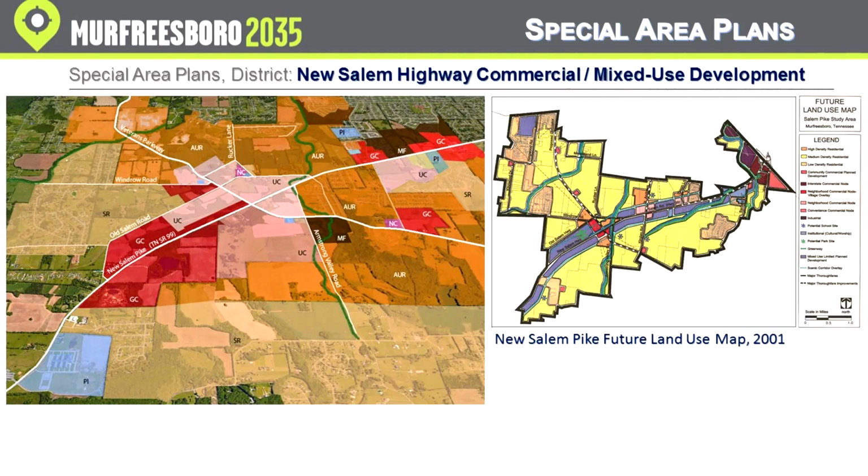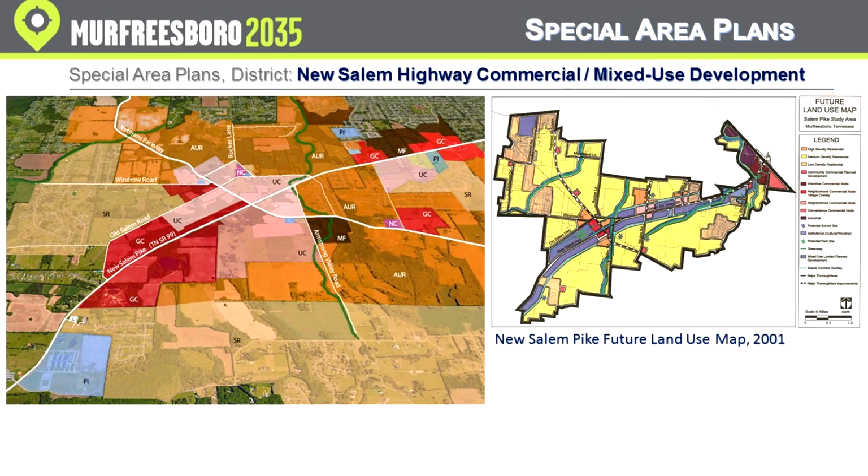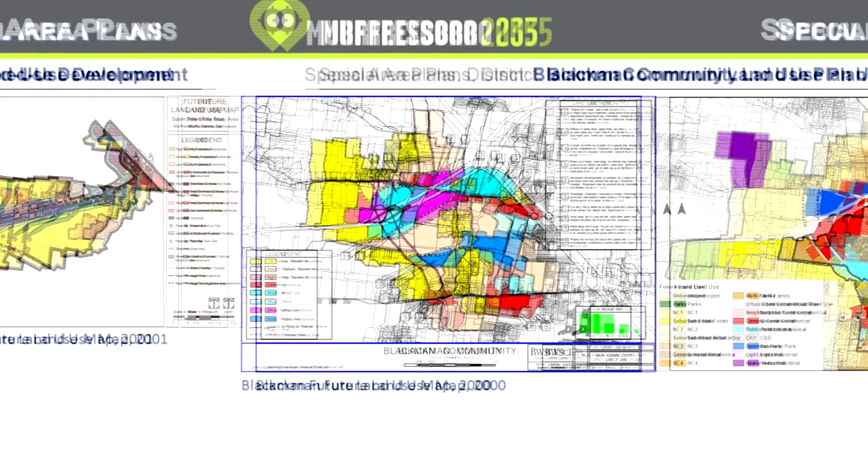We have perpetuated some of the elements of the New Salem Pike future land use map, whereby we are suggesting a very high density, high intensity urban commercial mixed use node right at the intersection of Veterans Parkway and New Salem Pike, surrounded by a little bit higher density auto urban residential development around that.